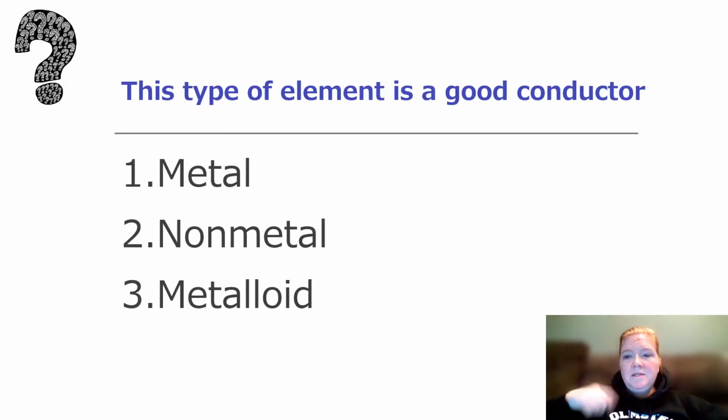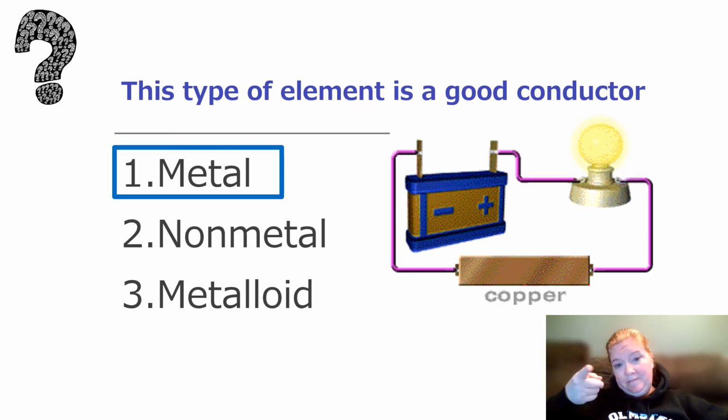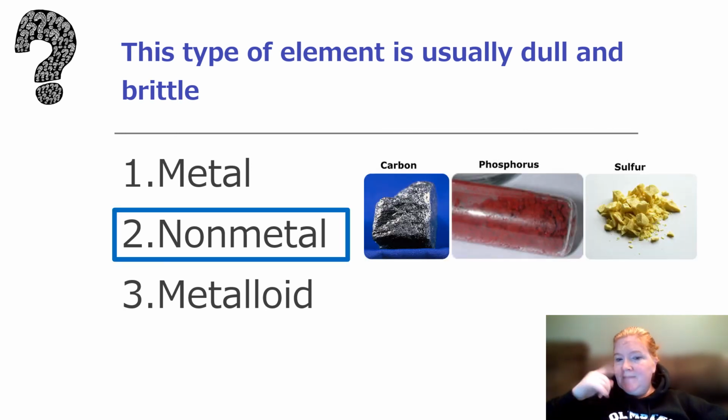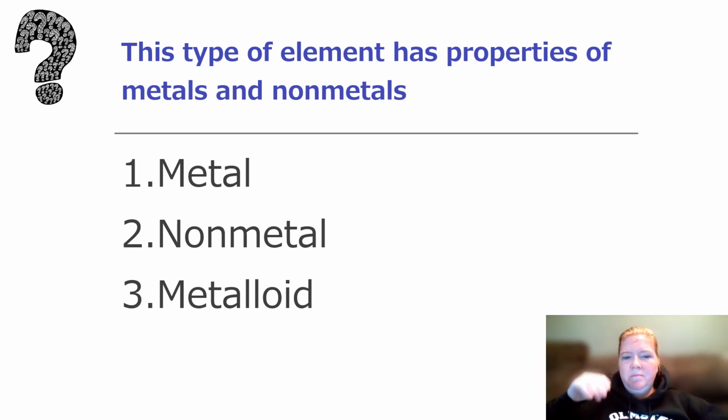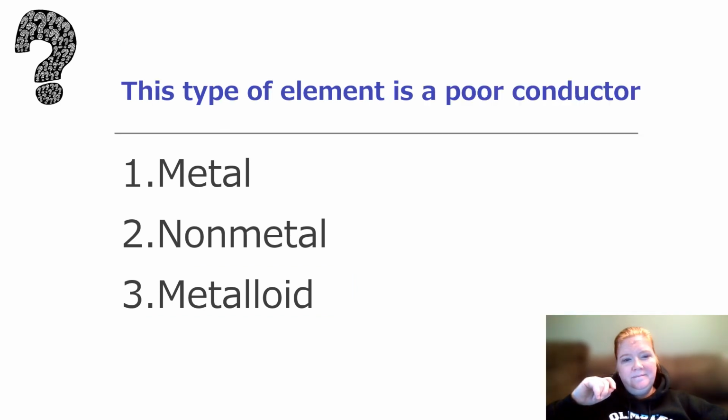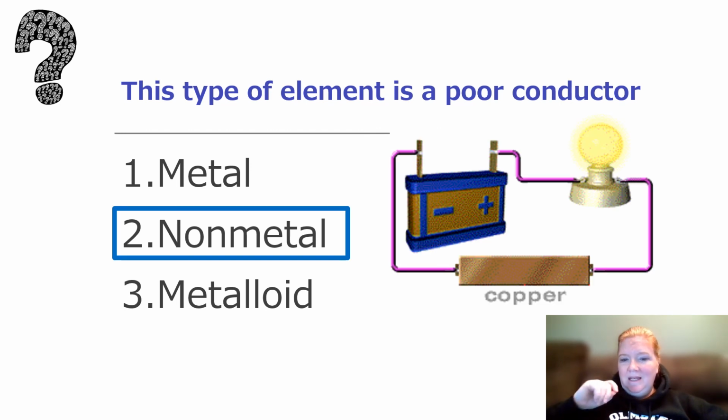This type of element is a good conductor. Metal. This type of element is usually dull and brittle. Nonmetal. This type of element has properties of metals and nonmetals. The metalloids. This type of element is a poor conductor. A nonmetal.